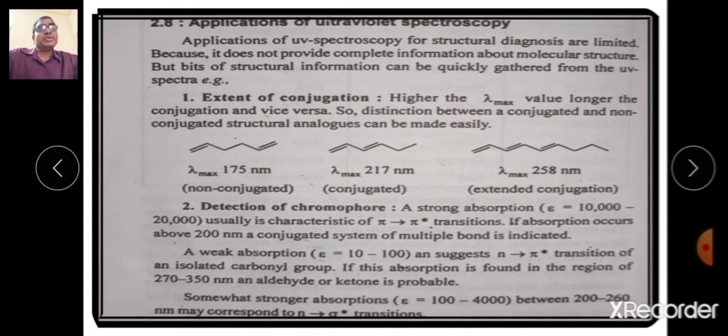And if this absorption is found in the region of 270 to 350 nanometer, an aldehyde or ketone is probably present. Now, somewhat stronger absorption between 200 to 260 nanometer may correspond to n to sigma star transition.